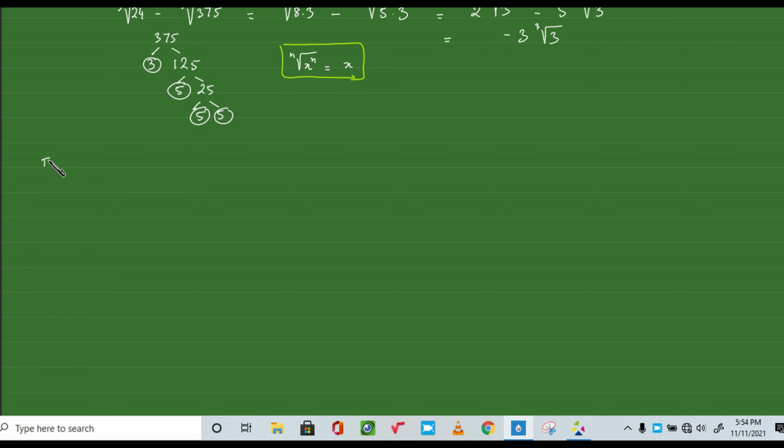Example number 5. How about I have something like this. I have 9 square root of 50 m squared minus 6 square root of 48 m squared.